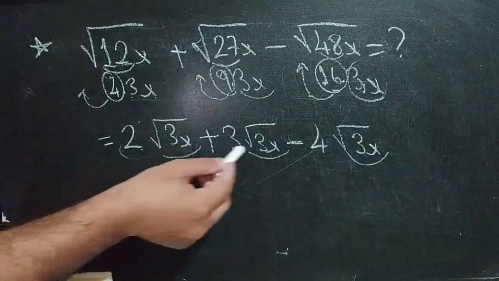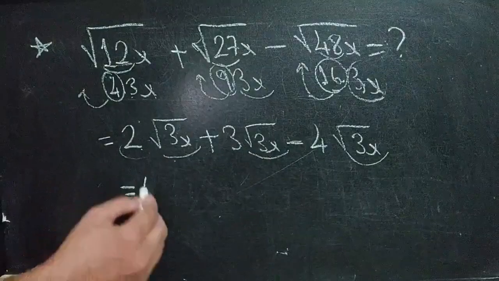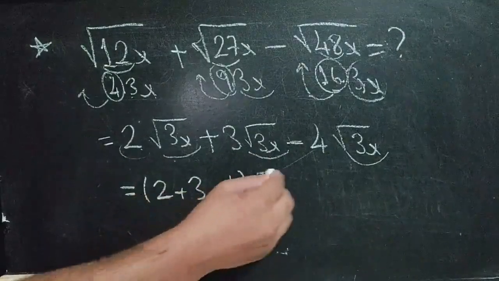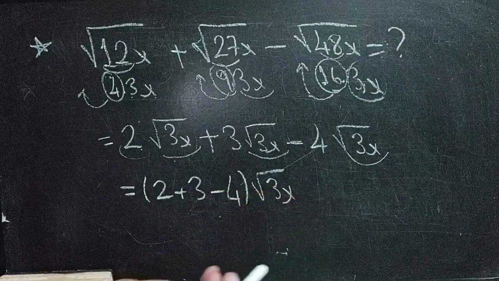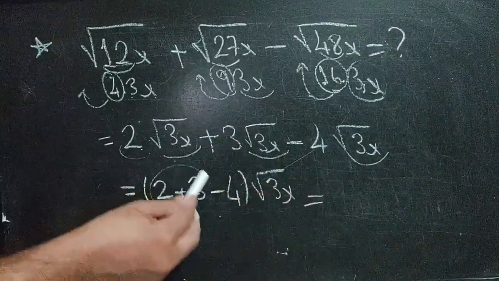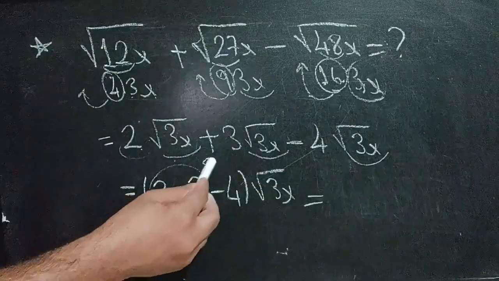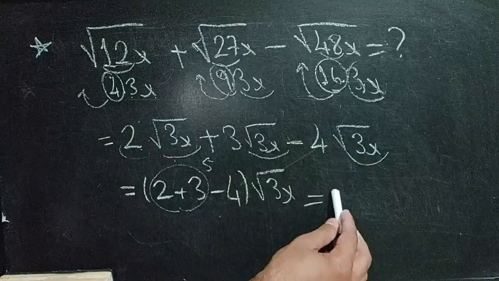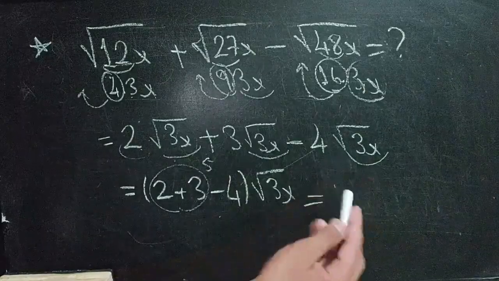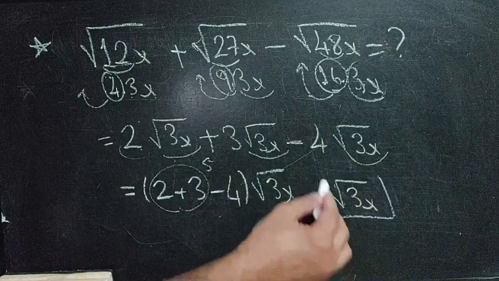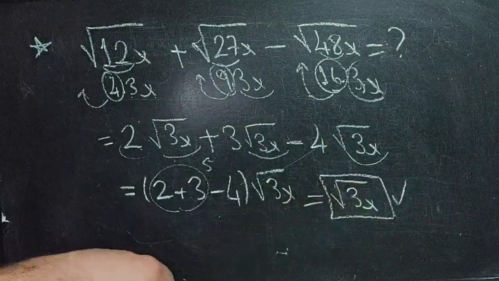I can do operation with coefficients. That will be 2 plus 3 minus 4 square root 3x. So from there I will get 2 plus 3 is 5, minus 4 is 1. You don't need to write that 1, you should write just square root 3x. That will be your final answer.